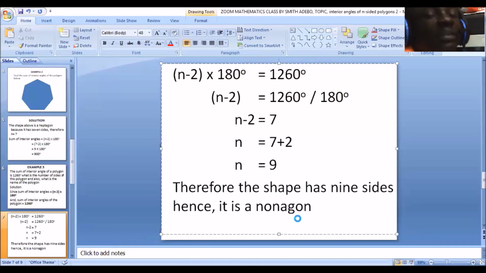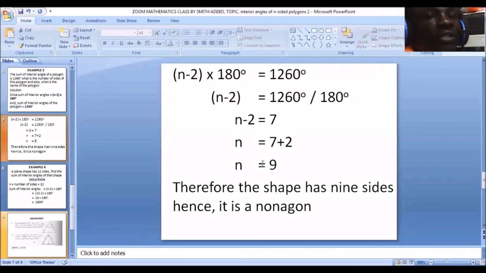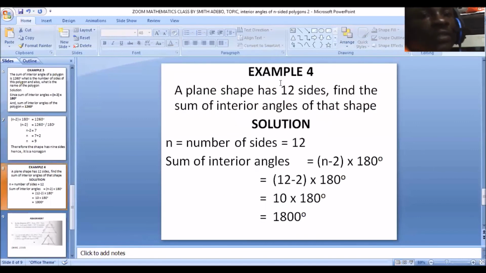So this plane shape is a nonagon because it has 9 sides. So we went further to solve the last example. We had to find the sum of interior angles of a plane shape with 12 sides, and 12 minus 2 times 180 degrees gave us 10 times 180 degrees, which was 1800 degrees.